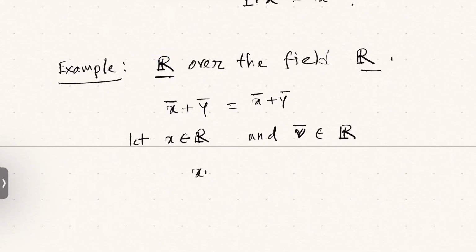Now X times V, so this is the scalar multiplication. And hence, the set of real numbers over the field of real numbers is a vector space, because these two operations, addition and scalar multiplication, satisfy all the 8 axioms, and it is also closed. So hence, real numbers can be thought of as a vector space.